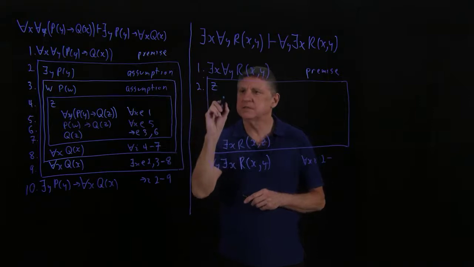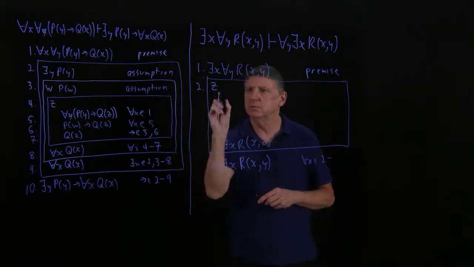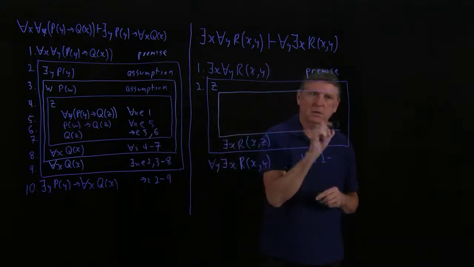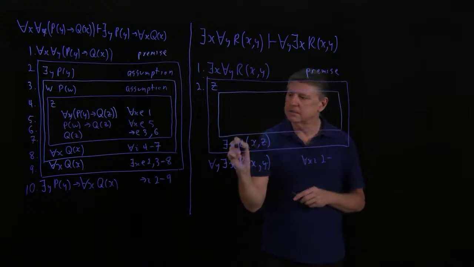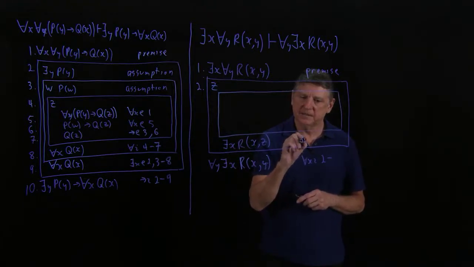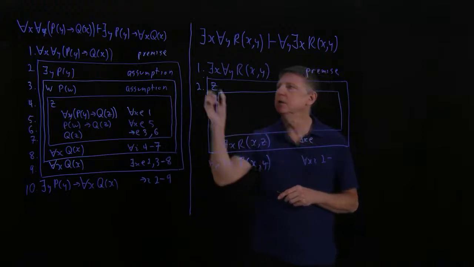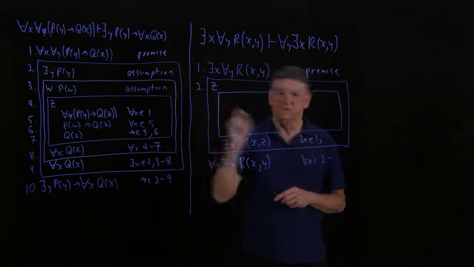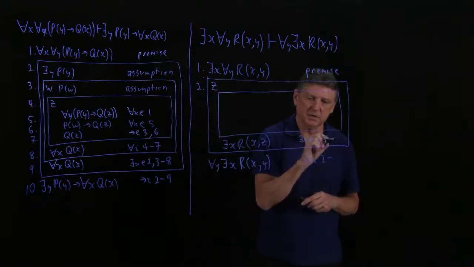So let's say that we're going to introduce w. So what I do is I open up a new box, and this line will be justified as existential elimination. It will use line 1, and it'll be a box I must be starting at 3.